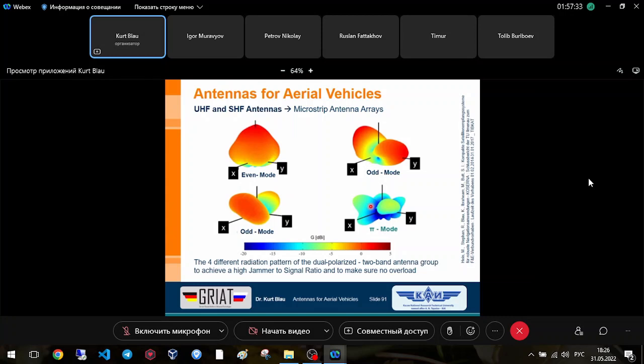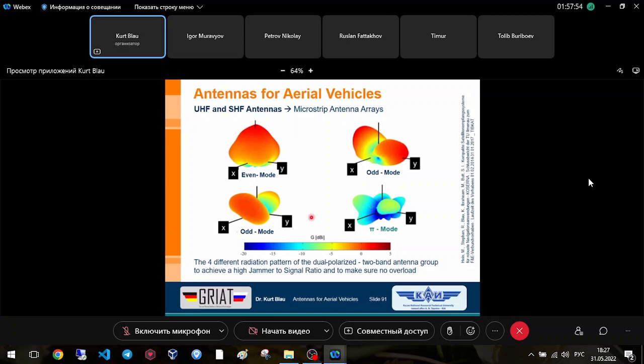We have 4 identical elements, maybe dipoles, or in our case, square patches. But with the so-called feed network, we can achieve with this very small array 4 totally different radiation diagrams.